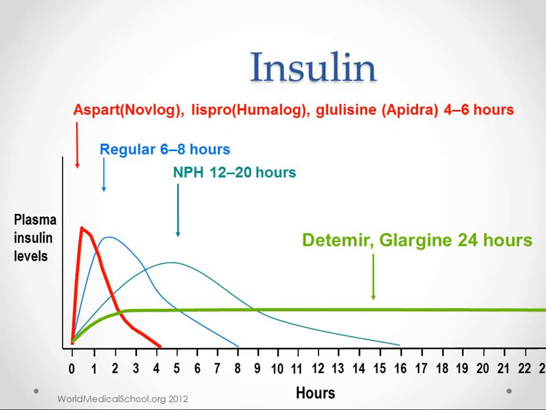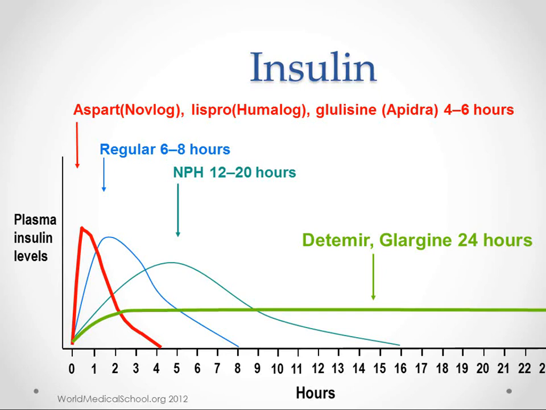The only catch to this is you have to calculate how much of this rapid-acting insulin that you need before each meal. So you count your carbs and figure out how much insulin you're going to need to cover the meal or the snack.